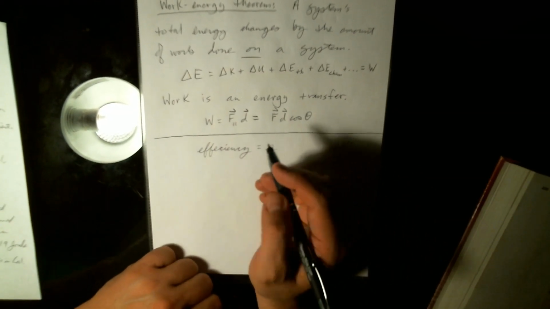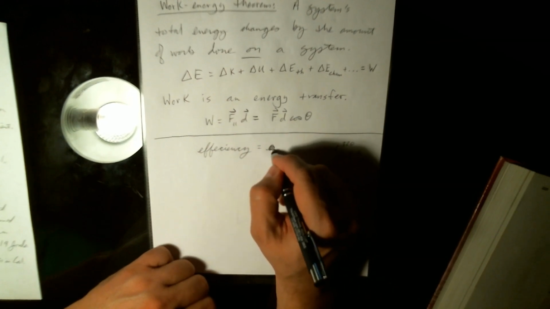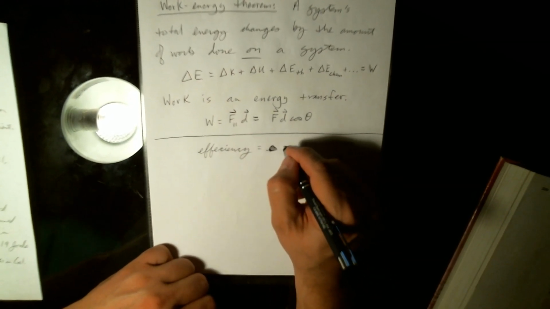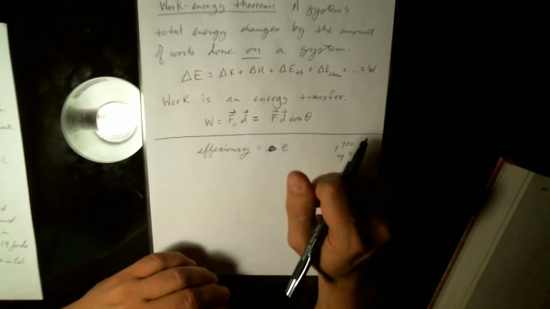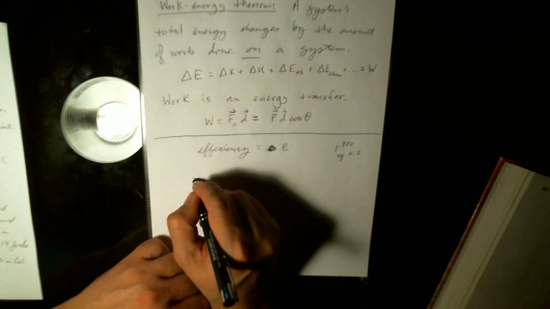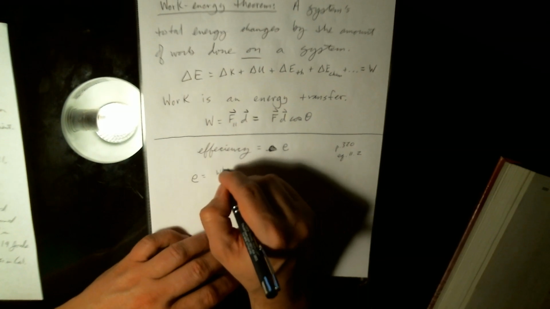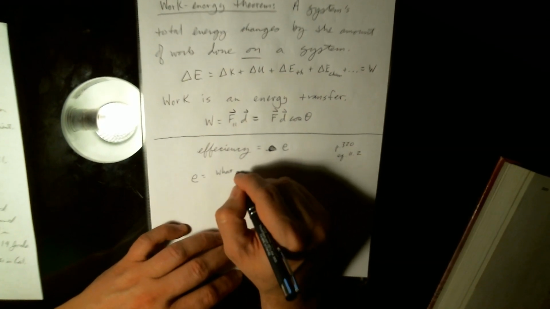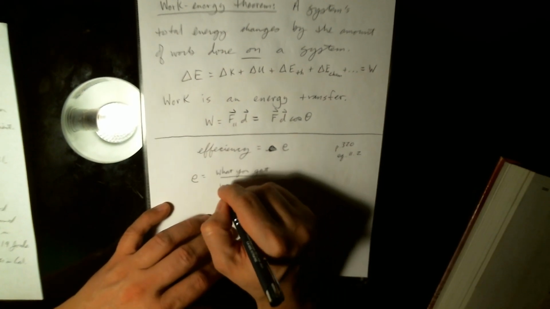It's just basically a little e, but I'm not making it that way. I guess I could try. Come on. Let's see. It looks like that. It's just a regular old e. And that's the symbol for efficiency. So efficiency is equal to what you get in terms of energy divided by what you paid.